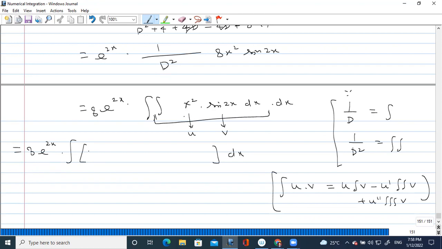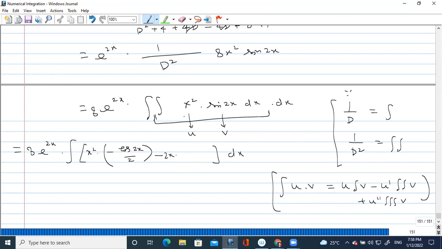And for this, by using this formula, first function as such into the integral of the second function, the integral of sine 2x will be minus of cos 2x divided by 2. Understood? Minus of cos 2x divided by 2. So this is the first term. Now coming to u dash. U dash is 2x into the double integral of that, which means again you have to integrate it.